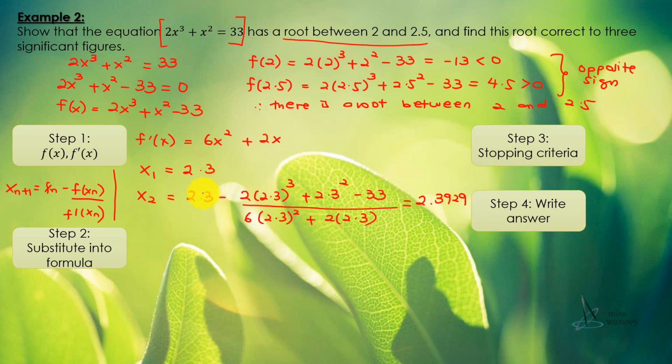This is not similar to x1, so let us proceed with x3. 2.3929 minus 2 times 2.3929 cubed plus 2.3929 squared minus 33, over 6 multiplied by 2.3929 squared plus 2 multiplied by 2.3929.